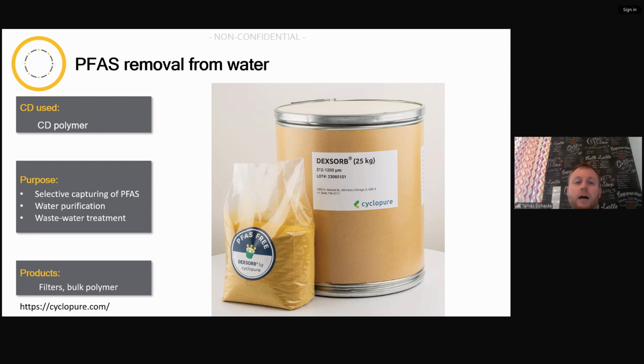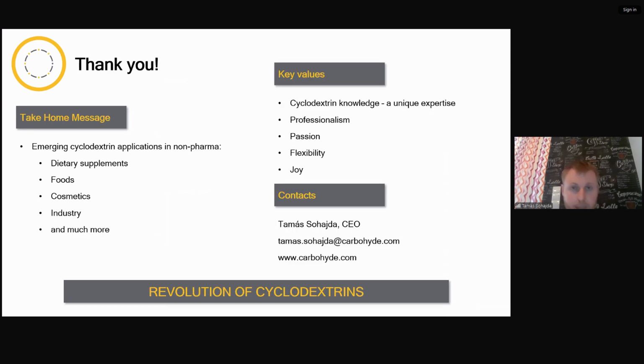So it's a novel type of filter that provides very pure drinking water. Now they're going to the next stage and trying to implement the same system into wastewater treatment plants and bigger industrial applications. So technically, this was the bouquet of cyclodextrin applications that I collected for you for today.